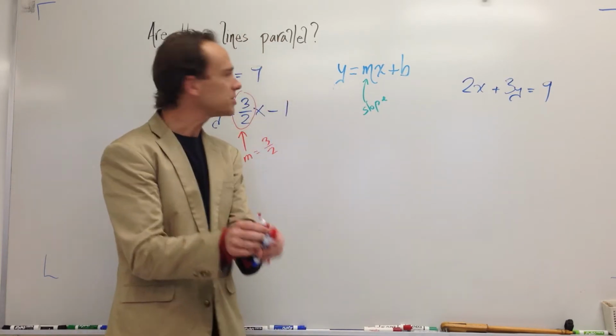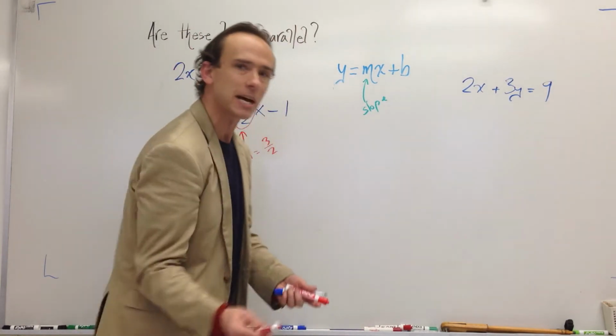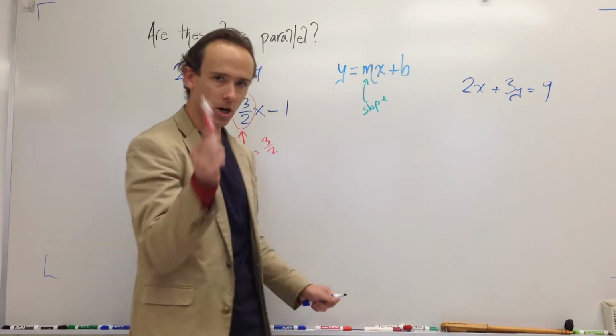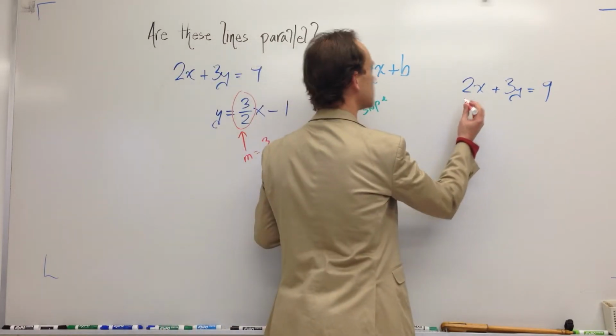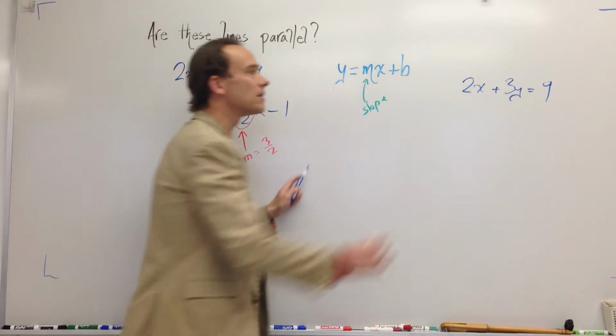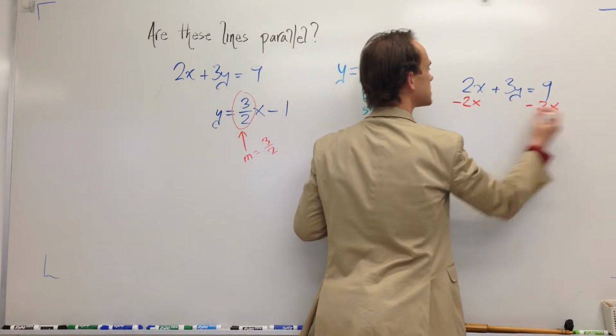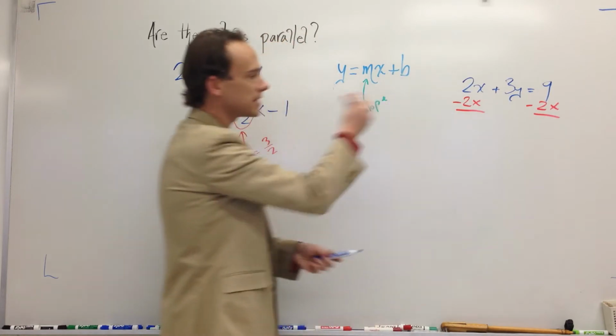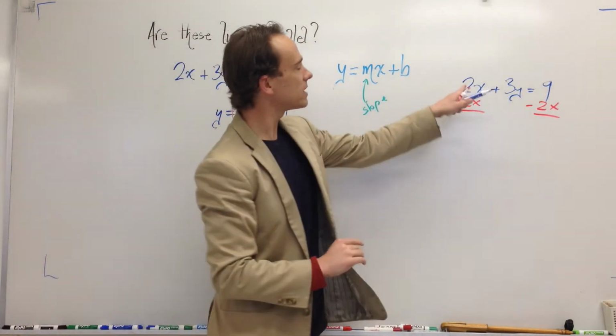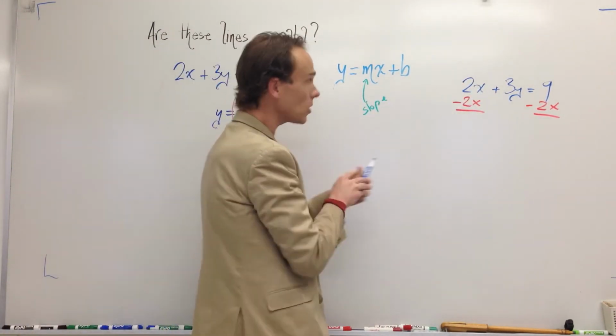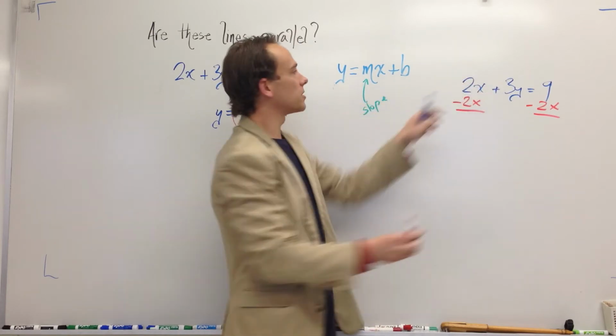I'm going to highlight those two steps with two colored markers. If you notice, this y is all by itself on the left, so we've got to get it alone. The first step is always to add or subtract out whatever the x term is, the total term in front of the x.